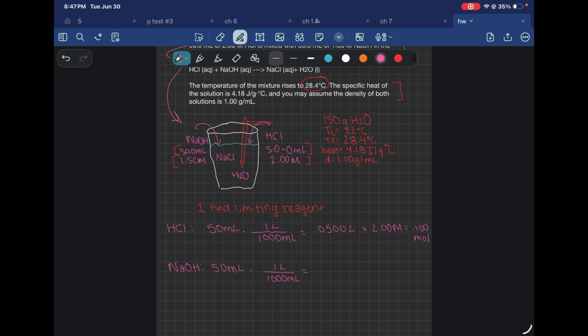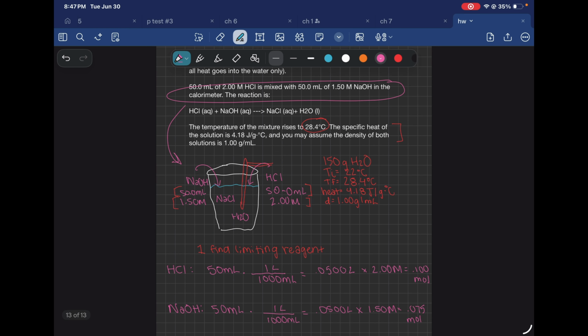And that equals 0.0500 liters. Let's multiply that by our molarity. So our molarity is 1.5 molar for NaOH. And that gives us 0.075 moles.